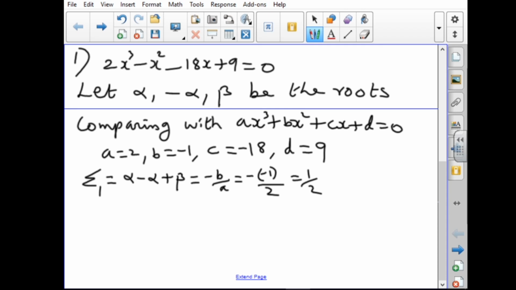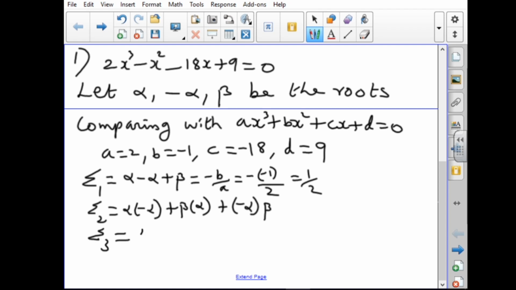Then sigma 2 is equal to alpha into minus alpha plus beta into alpha plus minus alpha into beta. This will not be necessary here, so we can leave that. So we will see sigma 3. What is sigma 3?